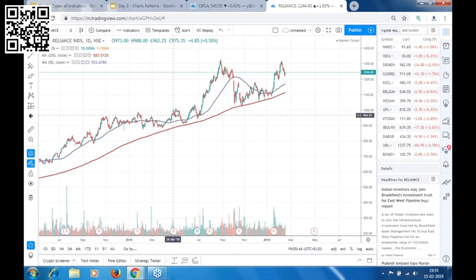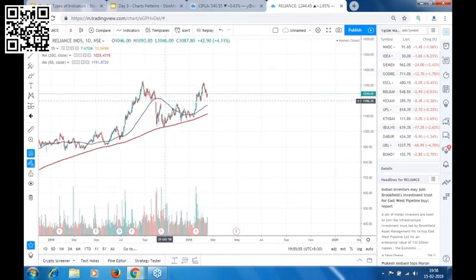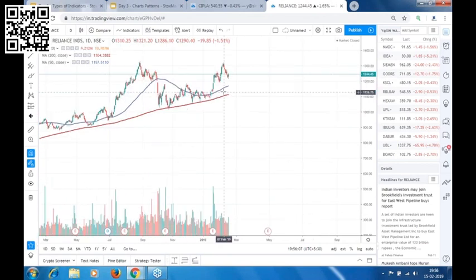Now see here the type of curve this 200 period moving average is making, and you can see once the prices cross this level, you can see the rally in the stock. From around 1138 it went up till it made a high of 1321.